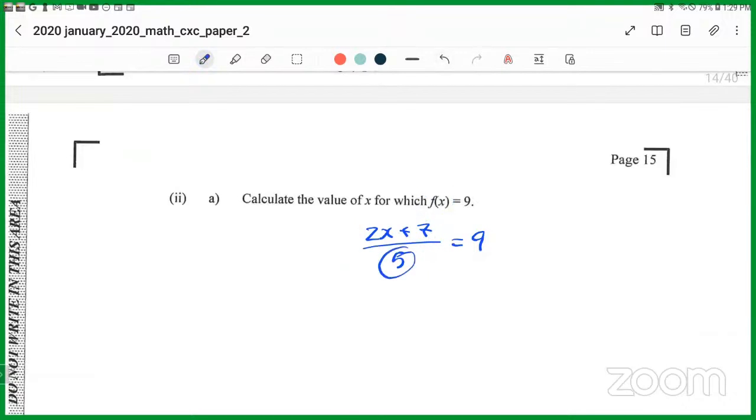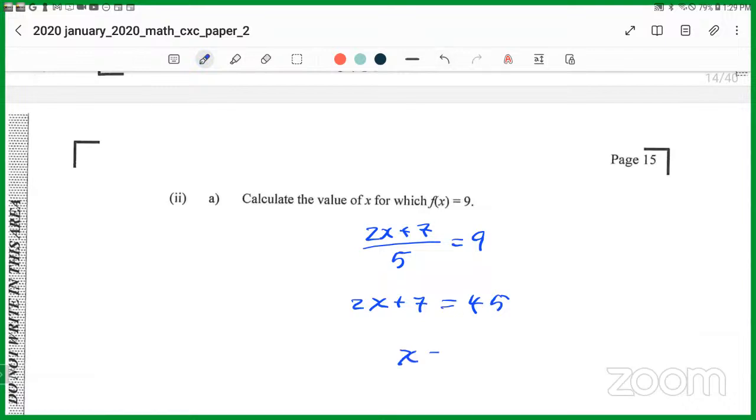I'm going to take this 5 and multiply across first. We will get 2x plus 7 equals 45. We're going to subtract the 7 and divide by the 2, leaving x as the subject.